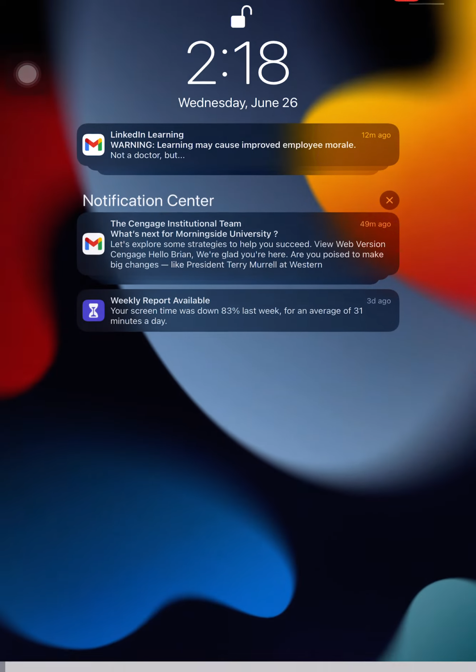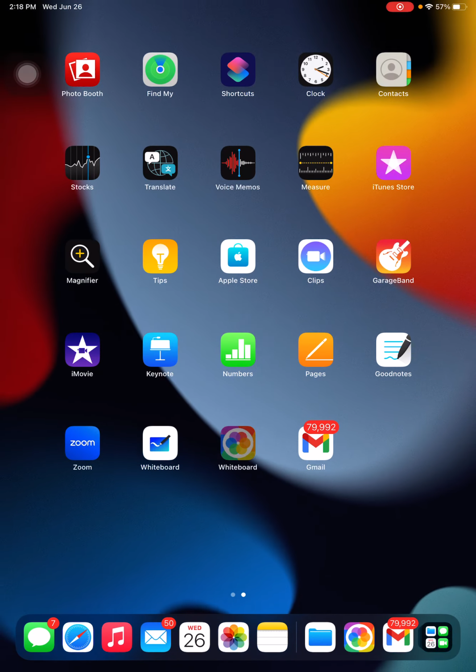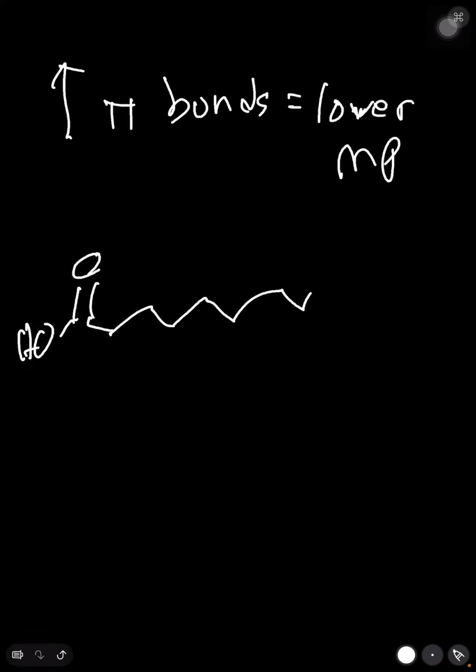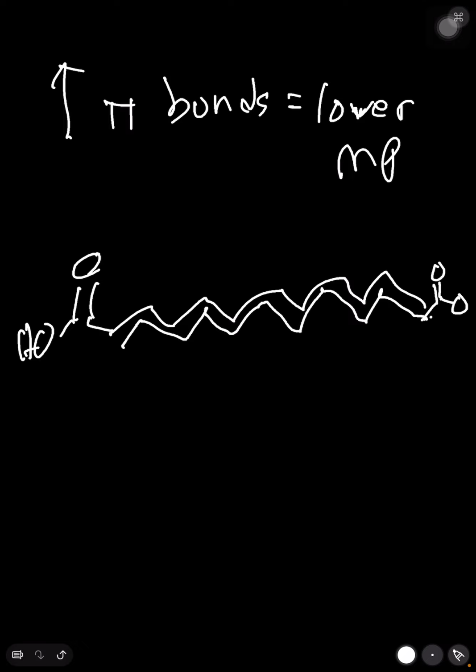Now, you get the most optimal van der Waals interactions when they can get really close together. I'm just drawing a random sample here. This isn't a real fatty acid, and boy, howdy, did I do a sloppy job of drawing it. Sorry about that.